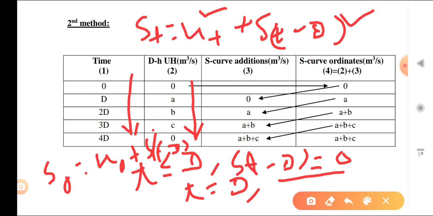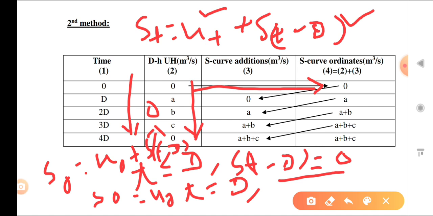So S0 is equal to U0, so that 0 goes to the S0.